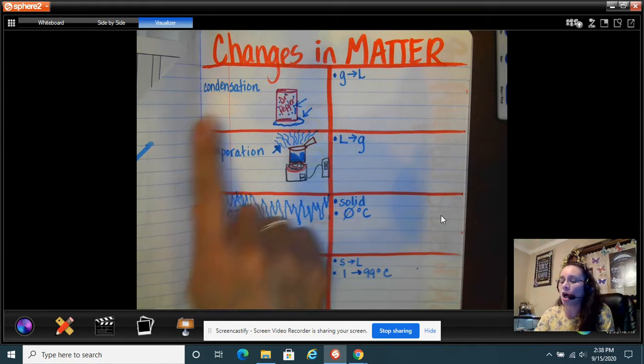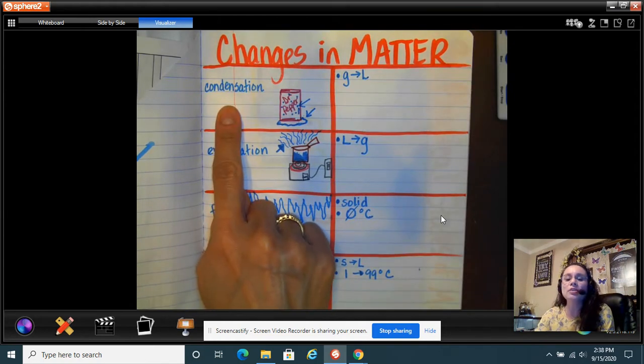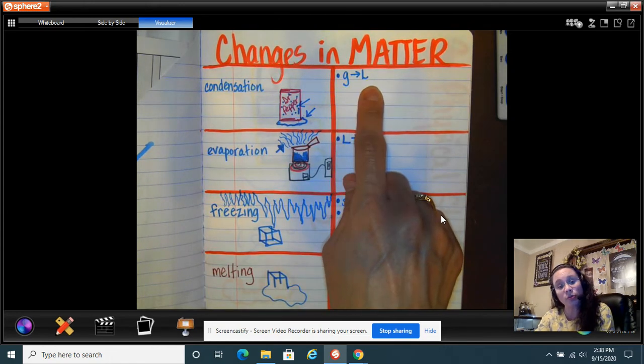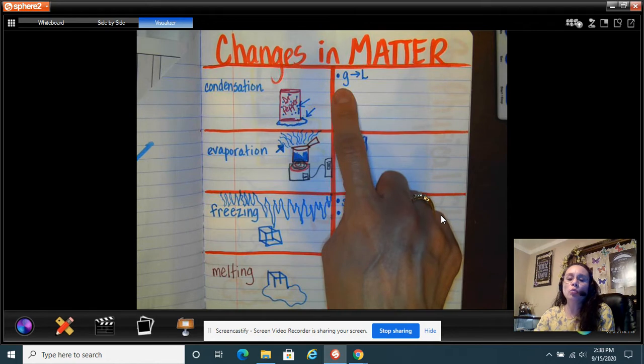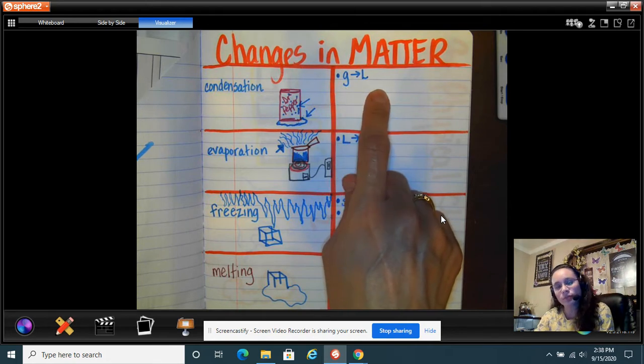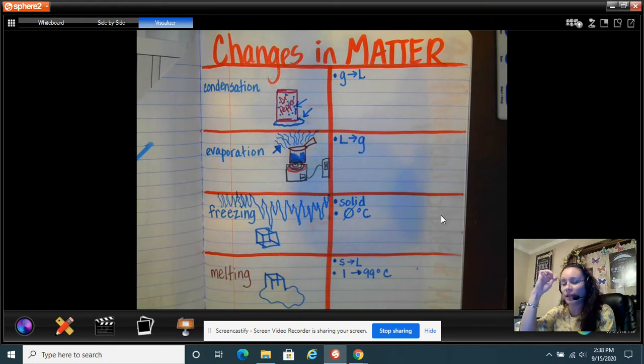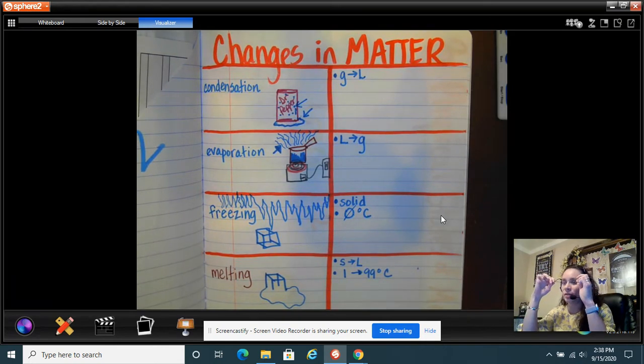So the first one is condensation. Condensation is when a substance goes from a gas back to a liquid. So it went from liquid, gas, liquid. Like I gave the example of my glasses. If I take off my glasses and I want to clean them, I usually blow on them and they fog up.